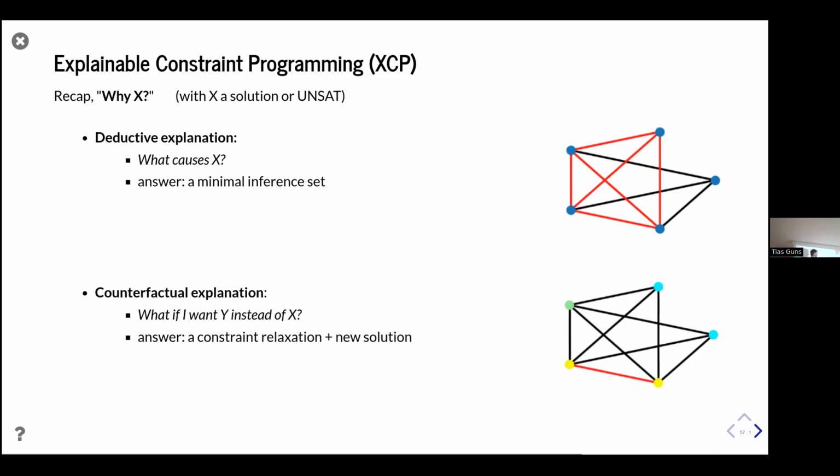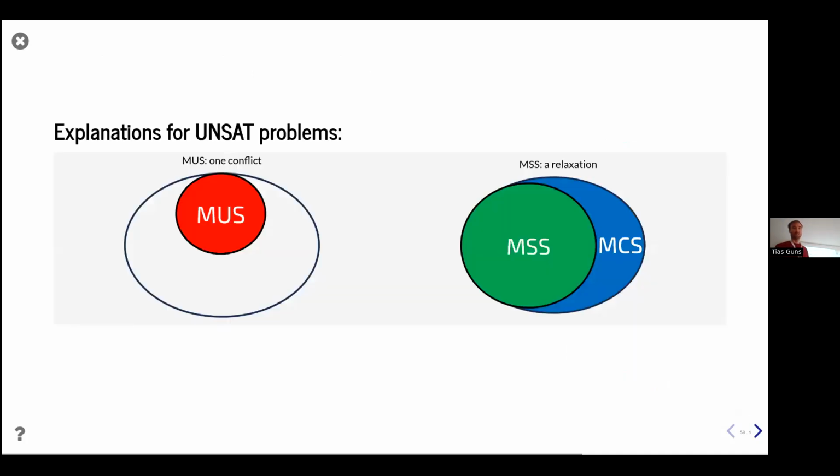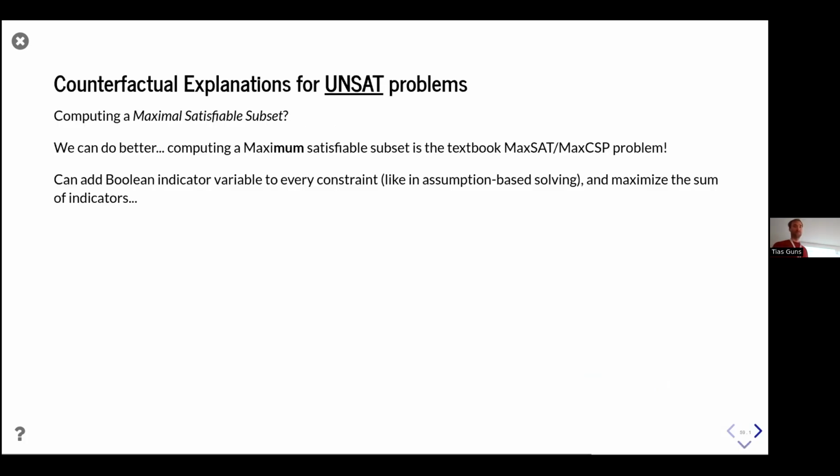And then the user can decide, and the hotel owner can decide, okay, am I going to call one of them and ask if they maybe can come a bit later, or maybe I want this person and this, or it's maintenance work, so I'm just going to postpone the maintenance a bit, and then we'll do this. All right, so a MUS explains one conflict, and then a maximum satisfiable subset is a relaxation.